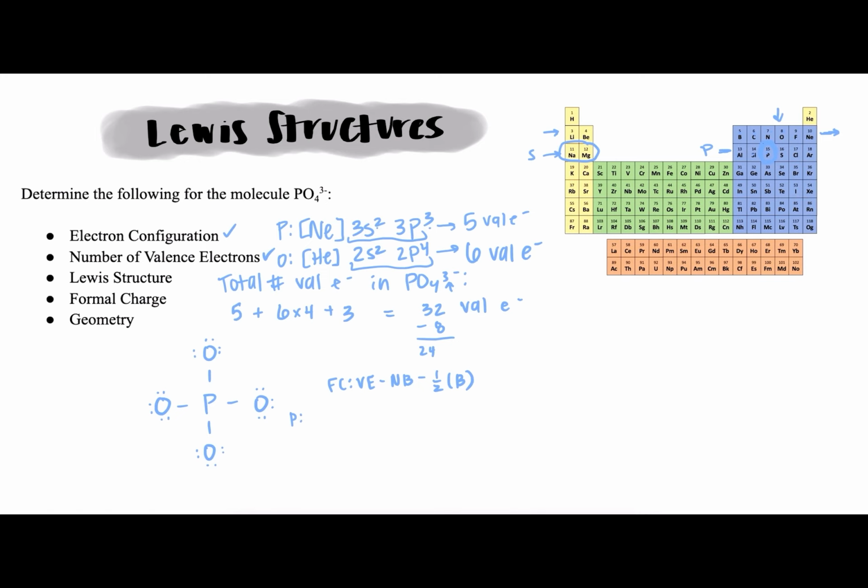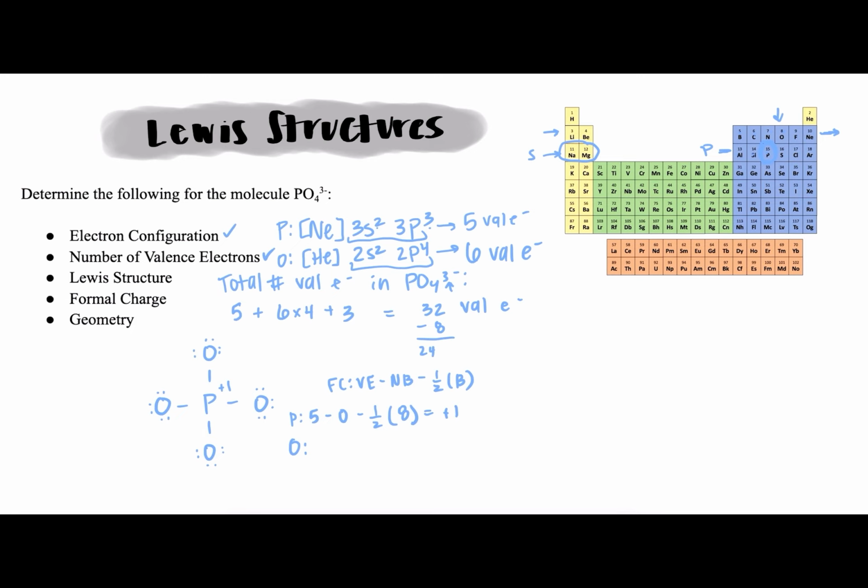So for phosphorus, we have 5 valence electrons, 0 non-bonding because there's no lone pairs, and then minus 1/2 of 8 electrons that are contributed from the bonding because 2 from each bond around that phosphorus. So that leaves us with a +1 charge for phosphorus.